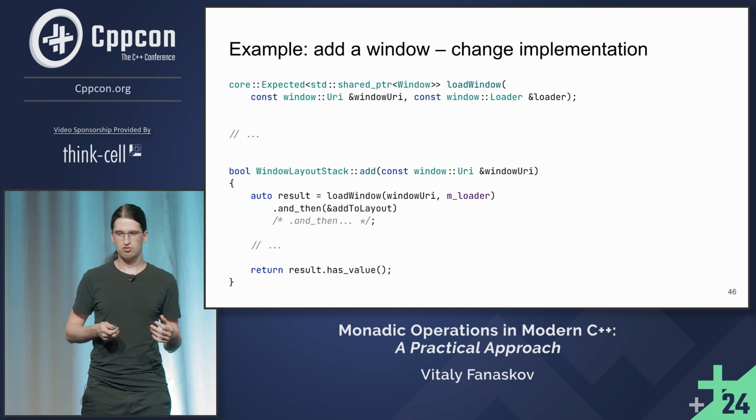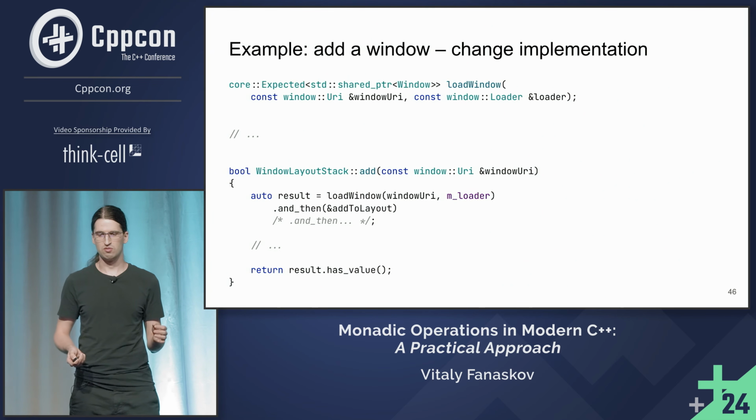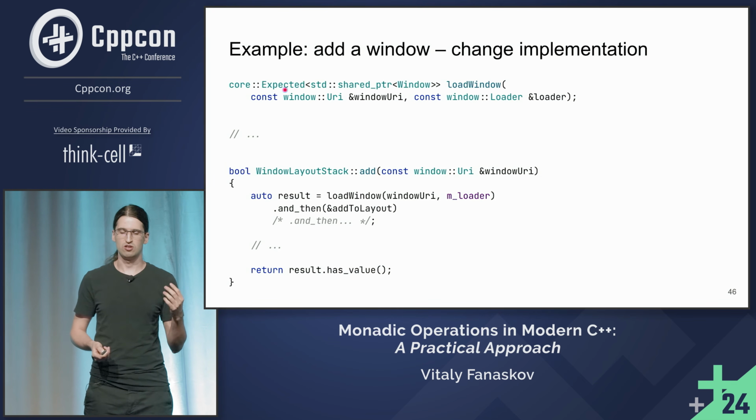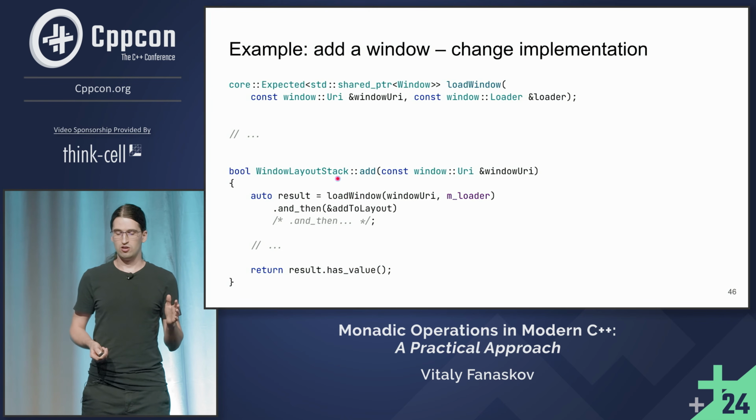What can we do first? In the simplest and smallest step, we change the return type of this load window function, and we just put expected around the type. That can be your expected. I already told what this means. So you don't even have to touch interfaces at this step.